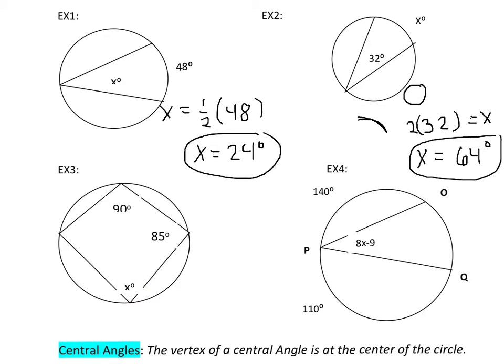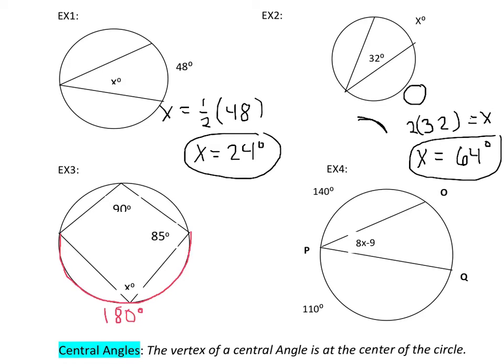Since this angle is 90, this angle is an inscribed angle. So if this is 90, then this arc is twice the measure of that angle, which makes this arc 180 degrees.